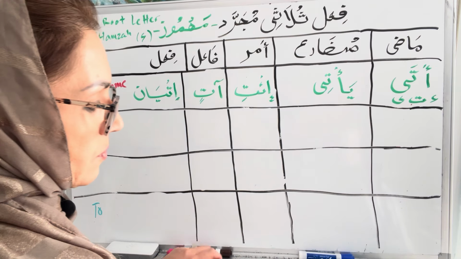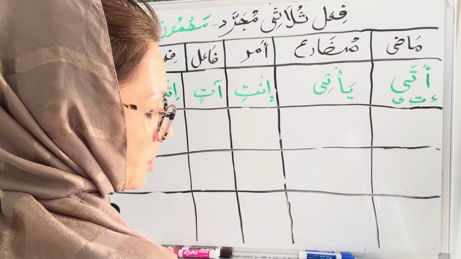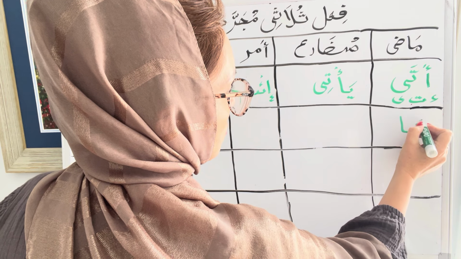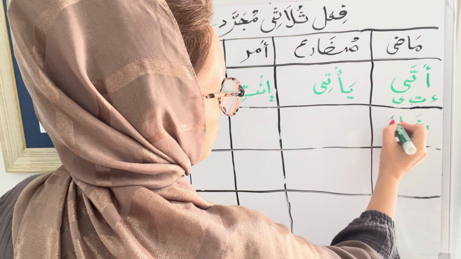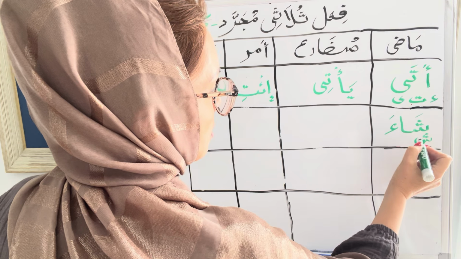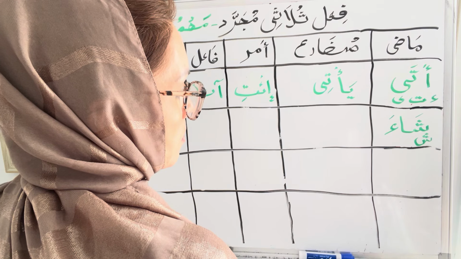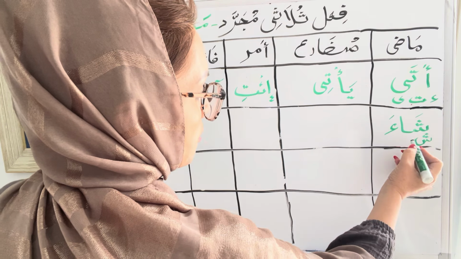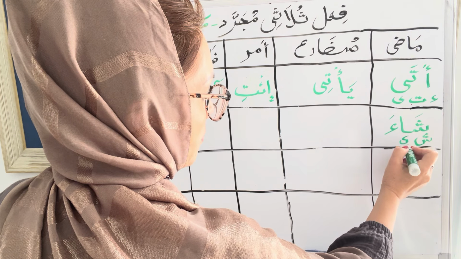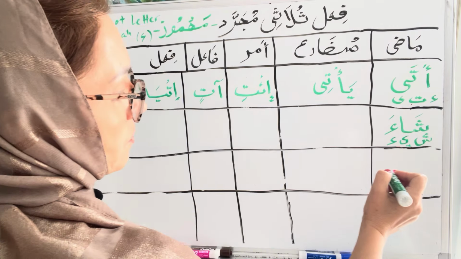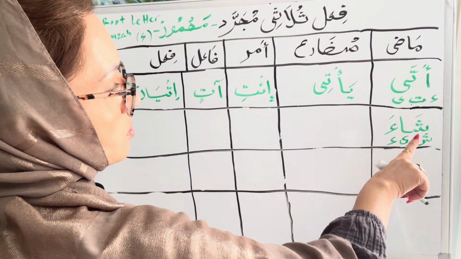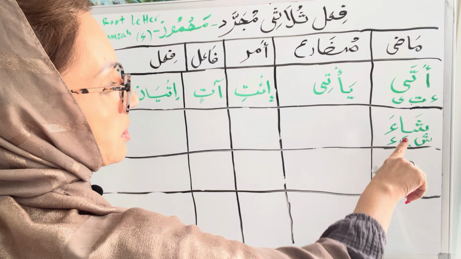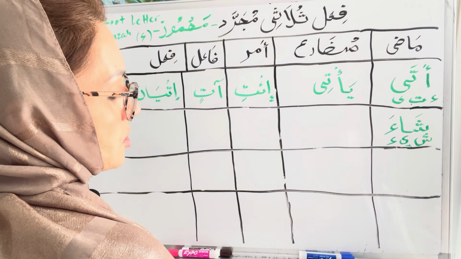Okay. Then we have sha'a. So it's sheen. Then we have sha'a. So this alif becomes a ya, and then hamza. So when you say the word shay, it's in here. So you know that the middle one is going to be ya. Sha'a yasha'u.